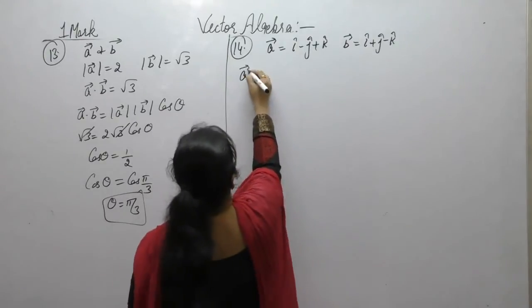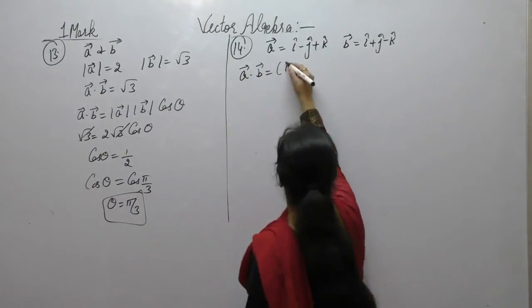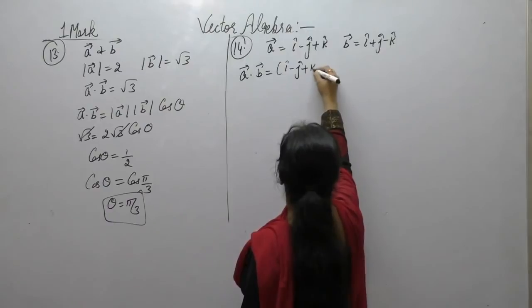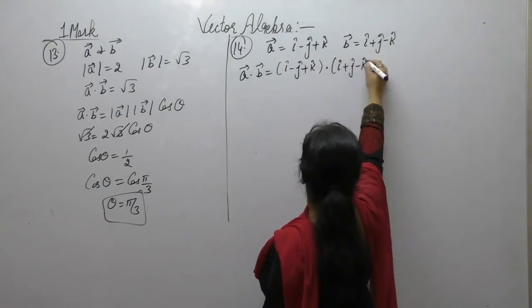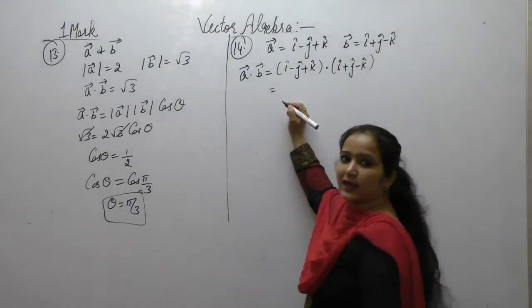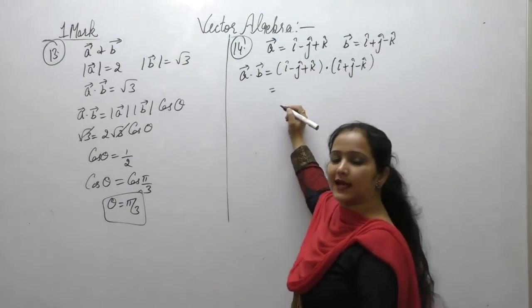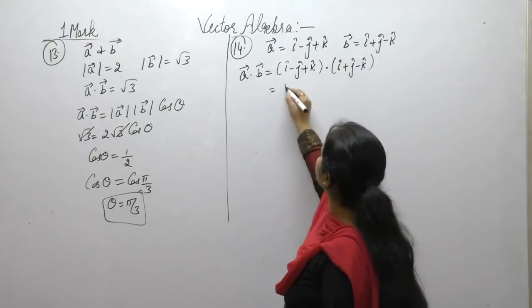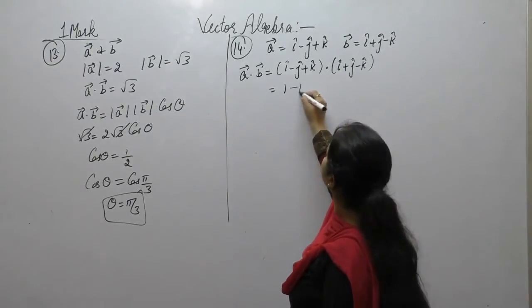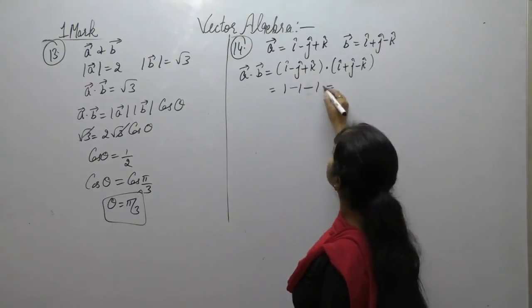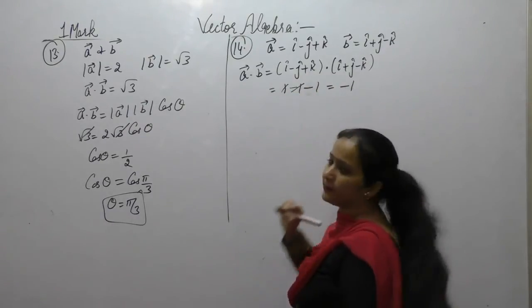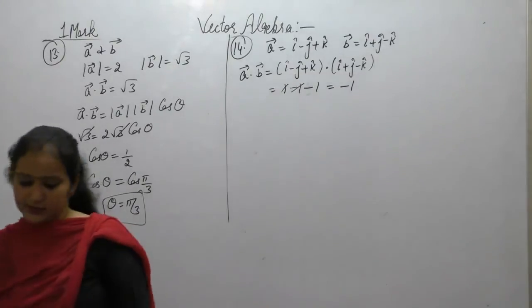First find A vector dot B vector: i minus j plus k dot product i plus j minus k. We know i dot i is 1, i dot j has value 0. So 1 minus 1 minus 1, that is k into k. So we have a dot b as minus 1.